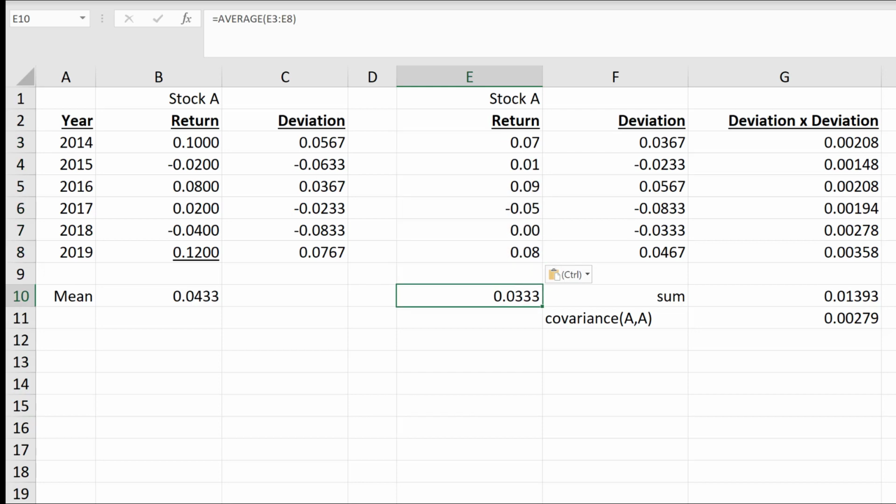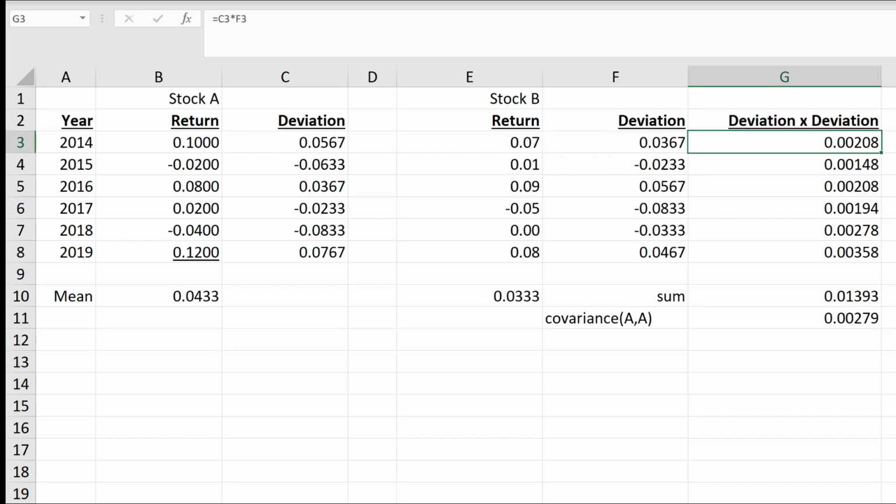And so notice our mean changed. So this is no longer stock A's mean. This is stock B's mean. The deviations have changed as well. And so it's stock B's return deviations from stock B's mean. And the product of the deviations has changed as well, right? It's now the product of A's deviation from its mean and B's deviation from its mean.